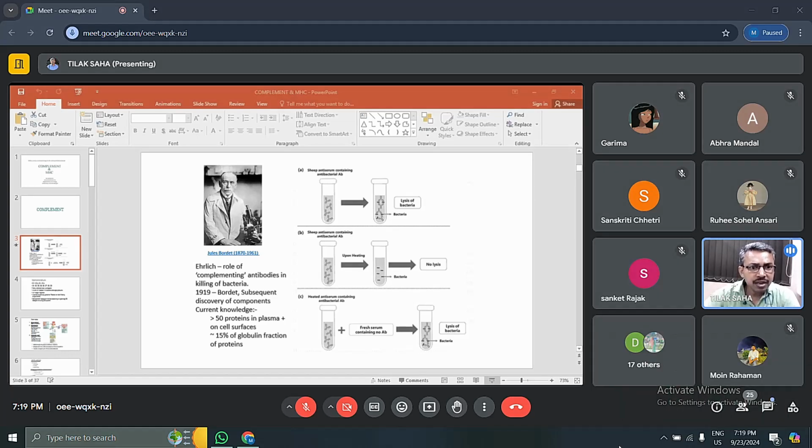When a protein is cleaved, the fractions are known as part A and part B. Like if we cleave C4, it will produce C4A and C4B. Generally, B is the larger fragment and A is the smaller fragment. I hope all of you understood this one.